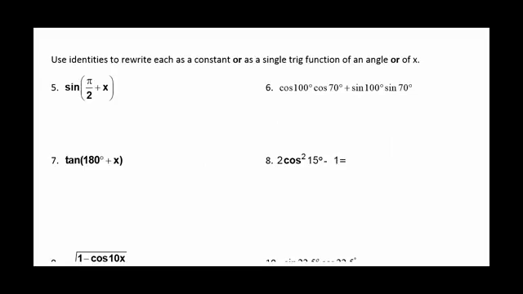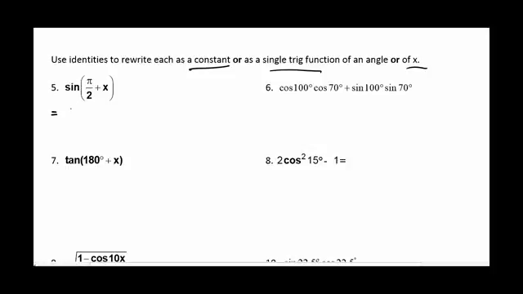Under number 5, first task is to recognize the identity that they want us to use. And this is the sum of sine identity. Now let me jump up to the directions. We're going to rewrite as a constant or a single trig function of x. So keep writing it down, keep using trig identities till we recognize one of those 3 cases.